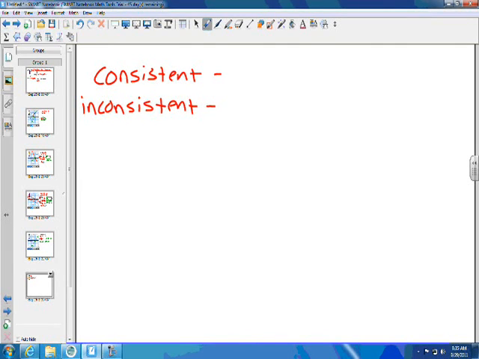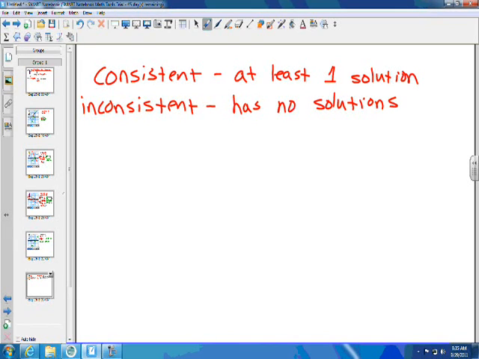Consistent means it has at least one solution. Inconsistent has no solutions. So which one would parallel lines be? Consistent or inconsistent? Inconsistent.